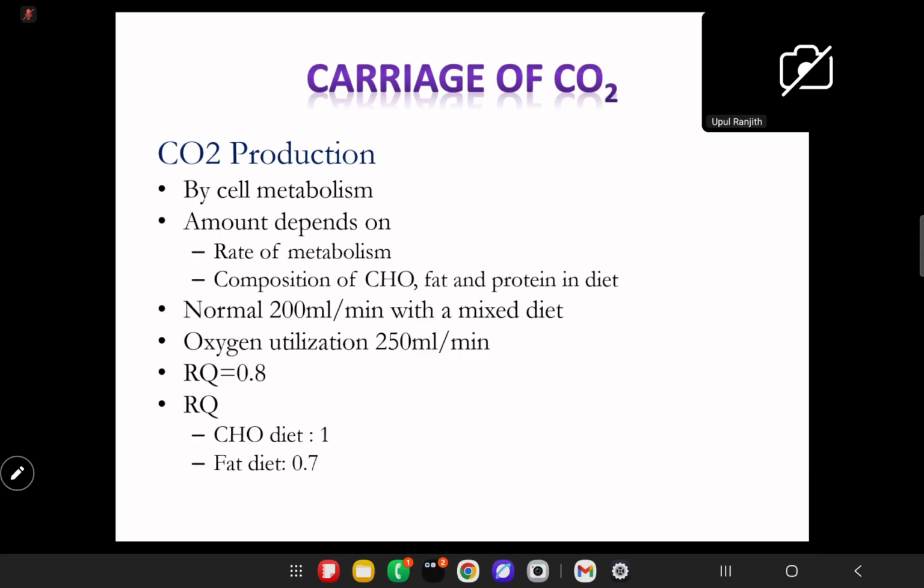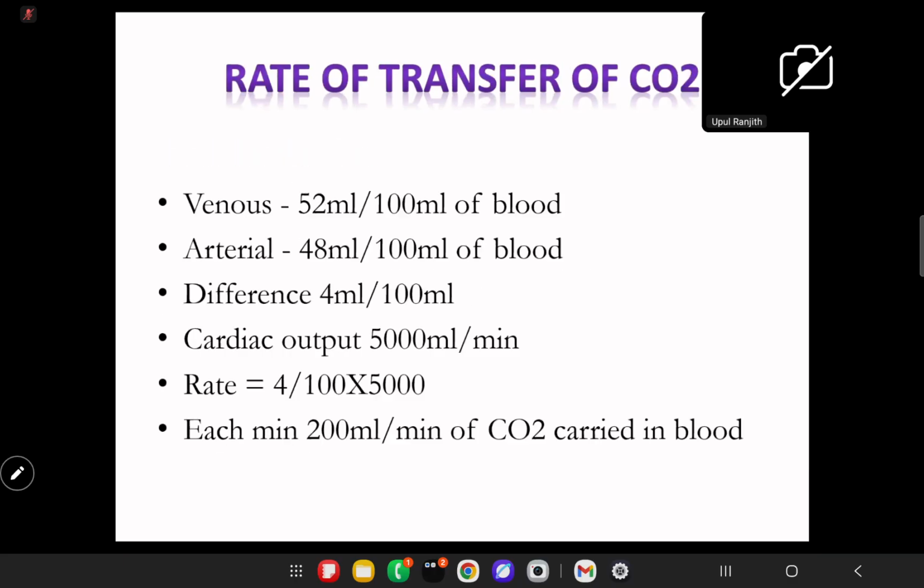If you have nitrogen, you will produce nitric oxide, nitrogen dioxide, or nitrous oxide, whatever the product. You utilize oxygen but do not produce carbon dioxide, producing various other things instead. That is why, when you are taking your energy from a mixed diet, the respiratory quotient is 0.8. Less carbon dioxide is produced than the amount of oxygen utilized. I think that is clear to you.